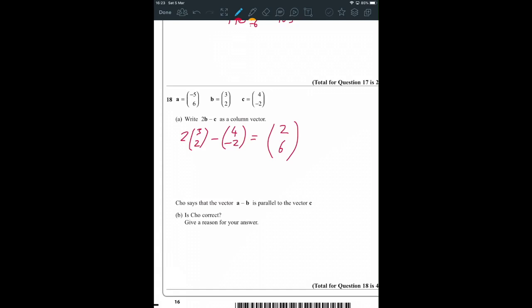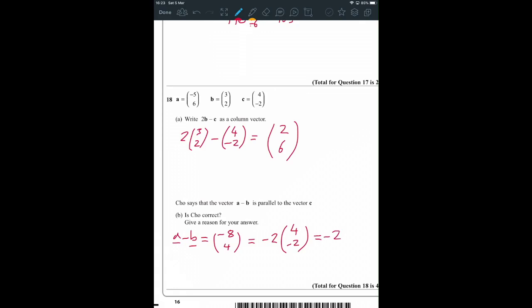Cho says the vector is parallel to the vector. So let's work out the vector a minus b first. Well, a minus b is negative 8 on the top, 6 minus 2, 4 on the bottom. And we'll notice that that is minus 2 lots of 4 negative 2. If I times both top and bottom of that by negative 2, I get the a minus b.